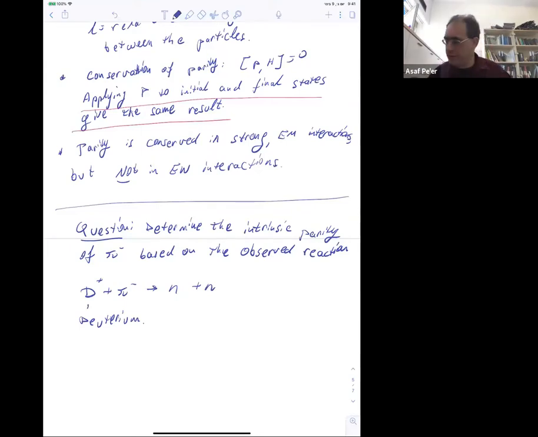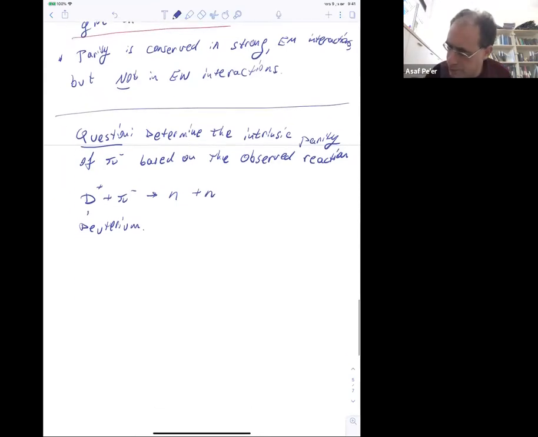I'll give you some pieces of information that we're going to have to use in order to determine that. The deuterium really is a bound state of a proton plus a neutron. So D is a bound state of P plus N.